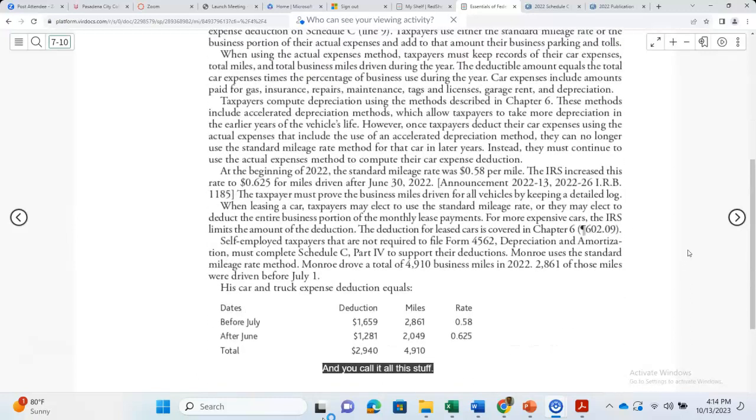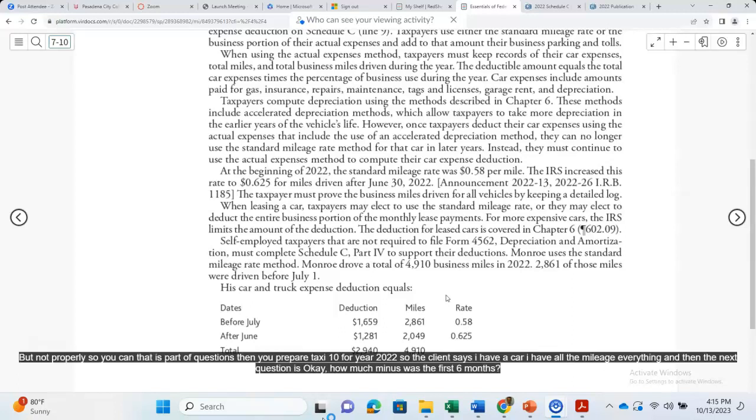And mileage, one more time: sometimes the mileage in the first 6 months has a different standard mileage rate than the second 6 months. So if that's the case in that year, make sure you follow that log properly so you can enter those. That is part of the questions when you prepare a tax return for year 2022.